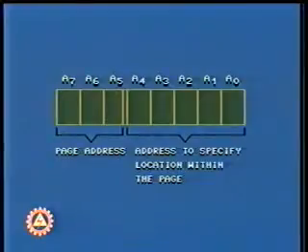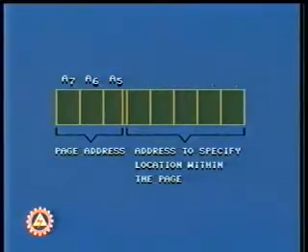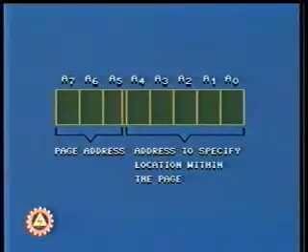If the page address of a 32 by 4 bit memory is 7 and the width of the system address bus is 8, then the least significant 5 bits, that is A0 to A4, will be used to specify any location within the 32 by 4 bit memory. And the remaining 3 bits, A5 to A7, are used to specify the page address.